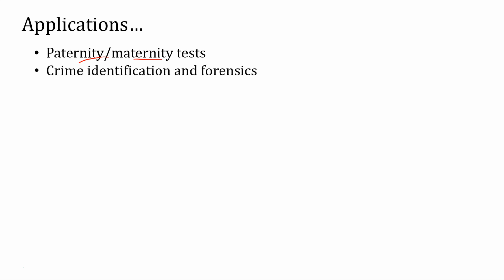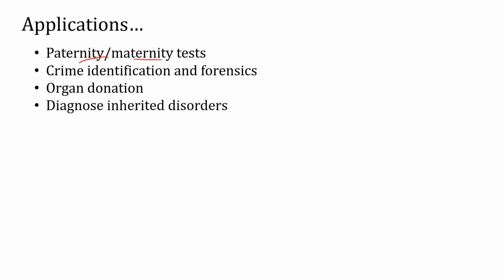Okay, as we said earlier, it can help to ID crime and forensics. For organ donation, to see which donors might have a genome that's most similar to somebody that needs to be receiving an organ, they could use this test.